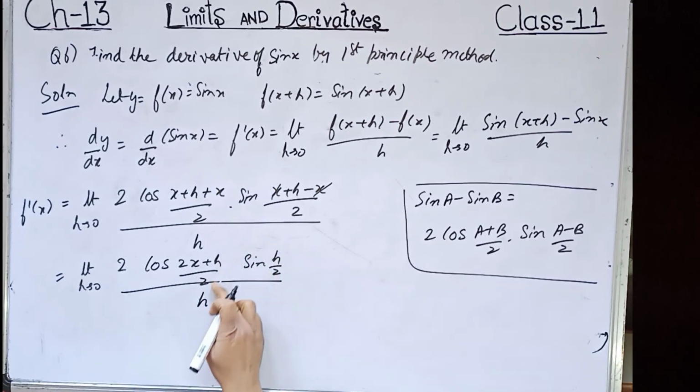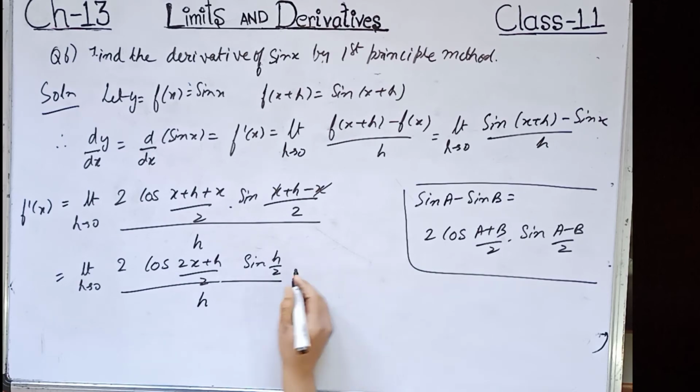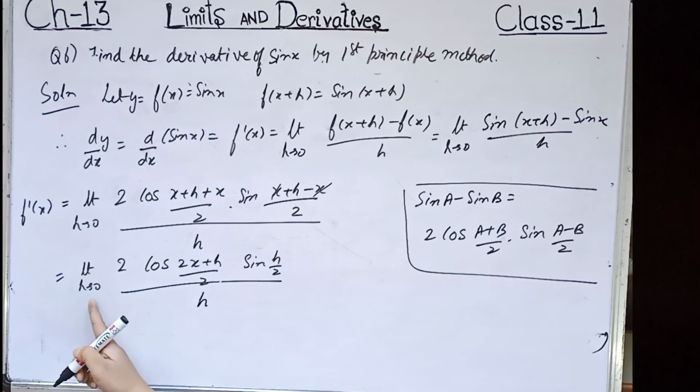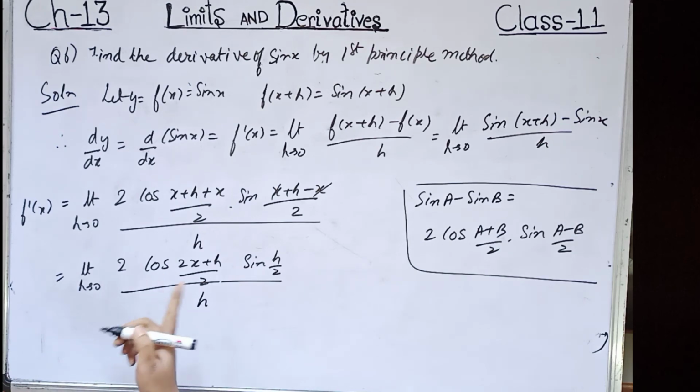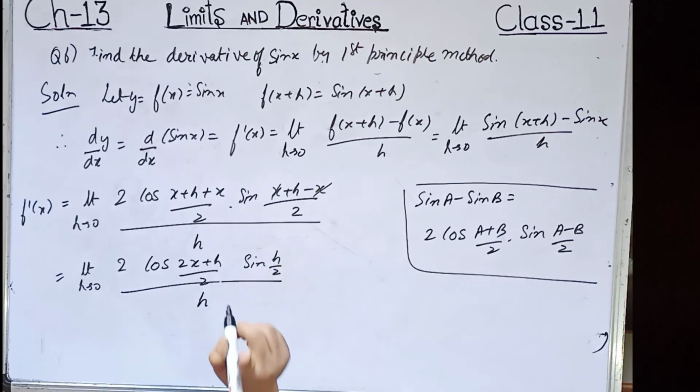So let us use the limit's definition, a formula in which this term will be reduced to a defined term. So what we will do over here, we will be using sin of h by 2 divided by h by 2 and limit h tending to 0, or h by 2 tending to 0. So that value will be equal to 1.